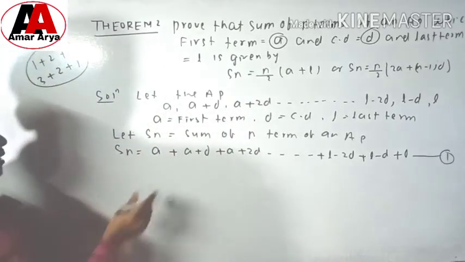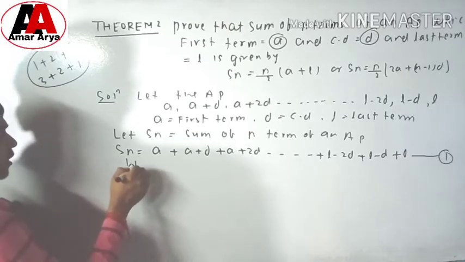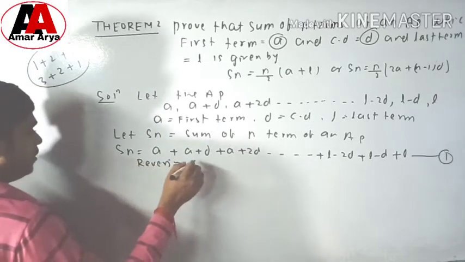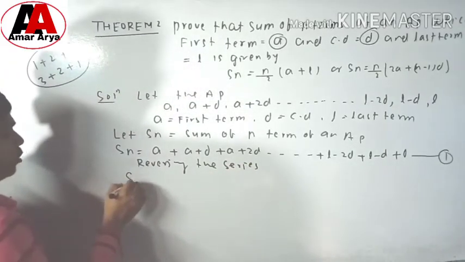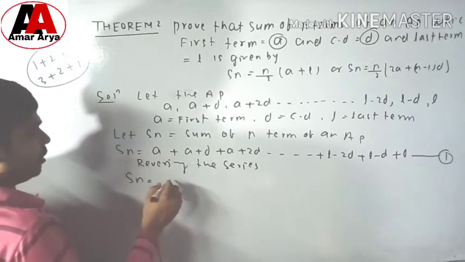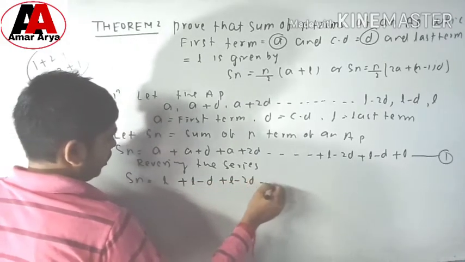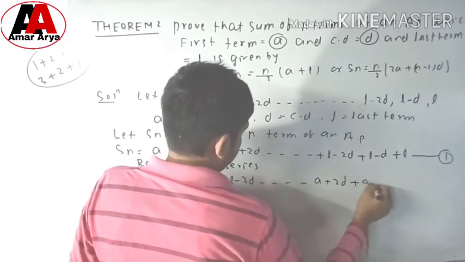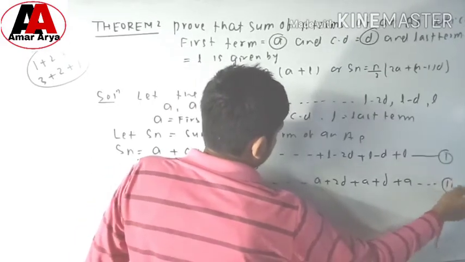So reversing the series, the total sum Sn stays constant, and we can write Sn equals L plus (L minus D) plus (L minus 2D) and so on up to (A plus 2D) plus (A plus D) plus A. This is equation number 2.